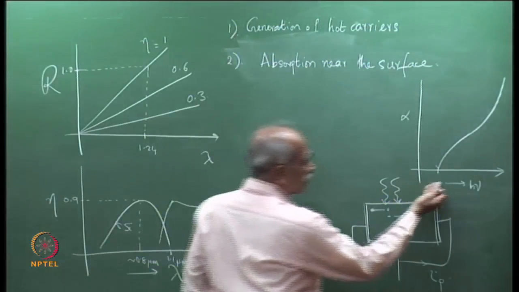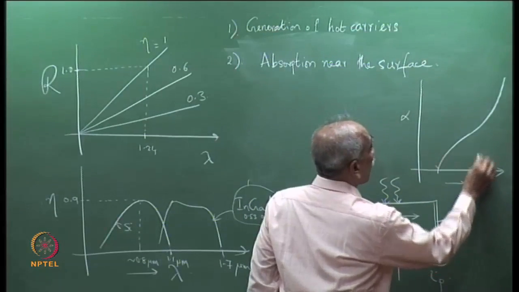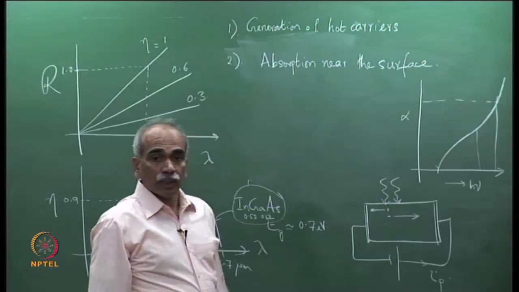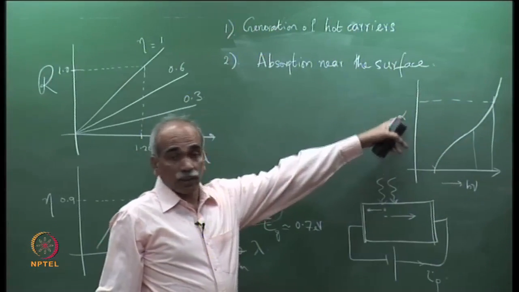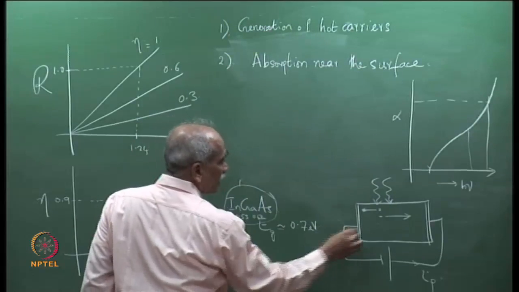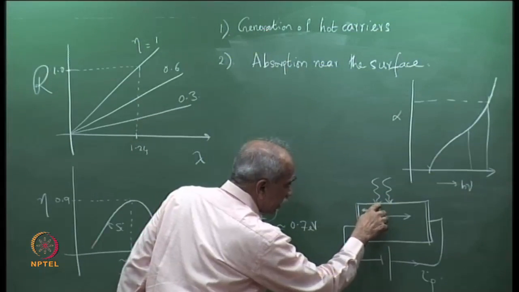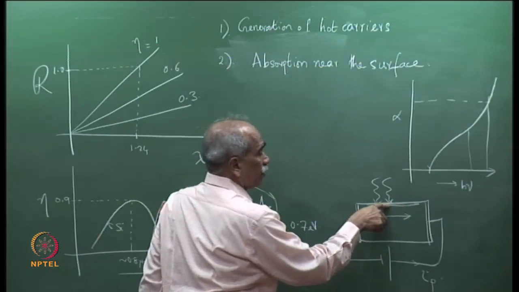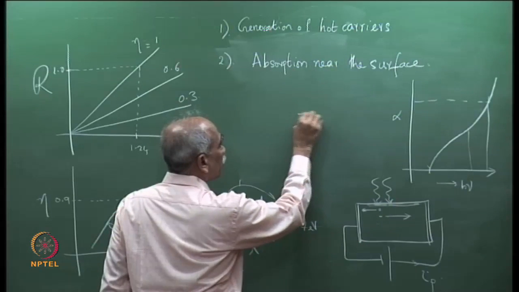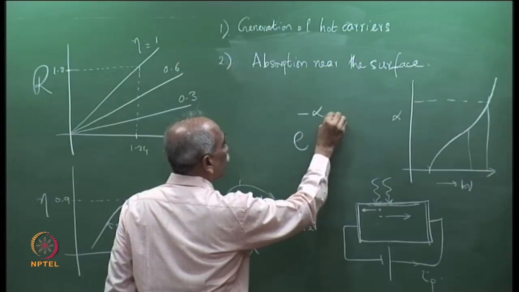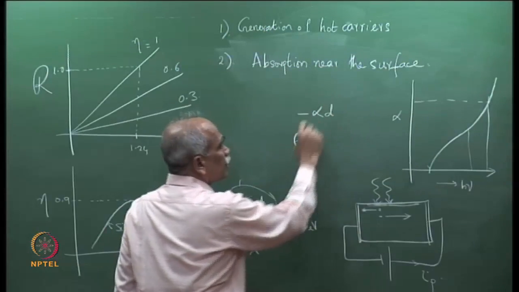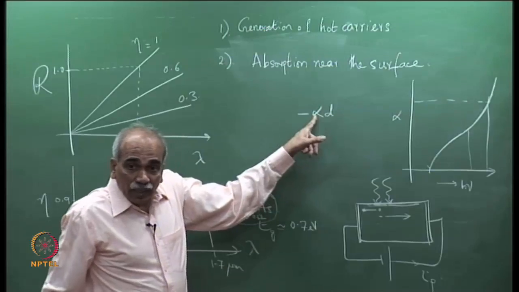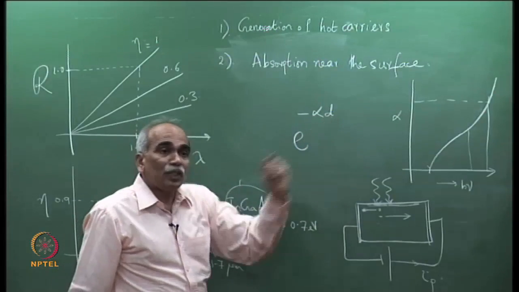Higher energy here corresponds to larger values of alpha. The absorption coefficient is very large, and therefore the photons which are incident are absorbed completely close to the surface, because absorption is given by e to the power of minus alpha d, where d is the thickness over which it is absorbed. Now if alpha is very large, then d needs to be very small.